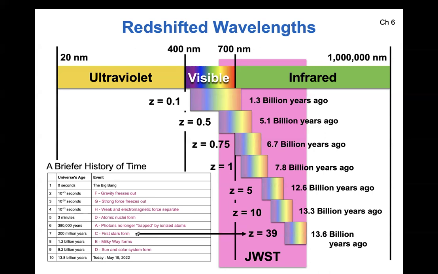So we're talking really, really early universe. This is a time frame that has never really been studied before. Our galaxy wasn't even formed until 1.2 billion years after the Big Bang. So this is looking back to a point before the Milky Way even existed.